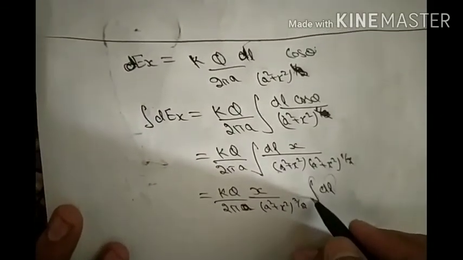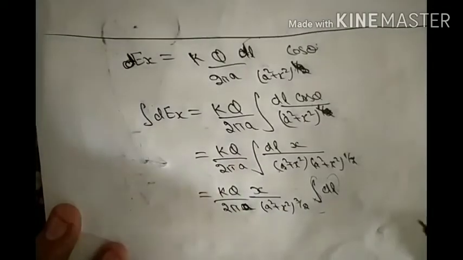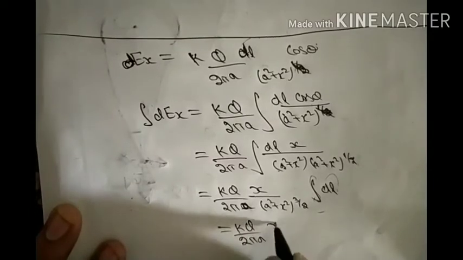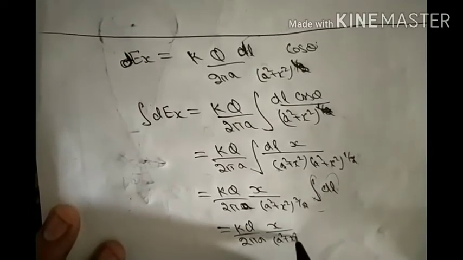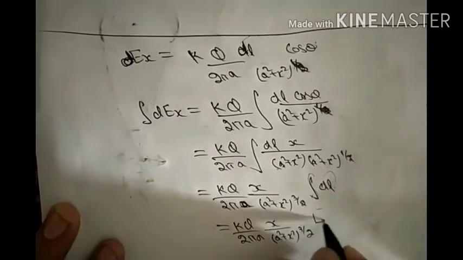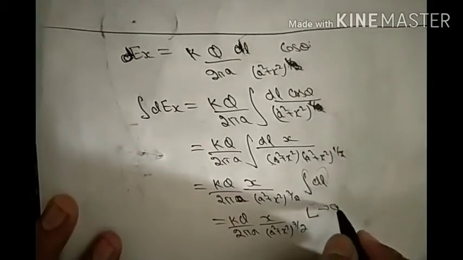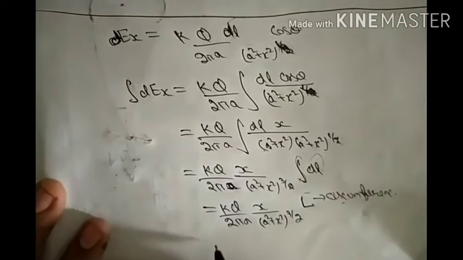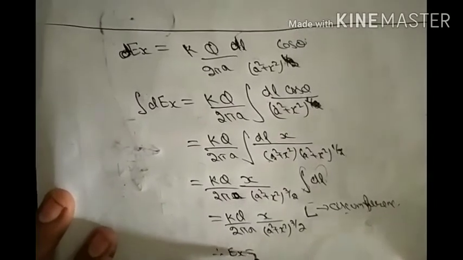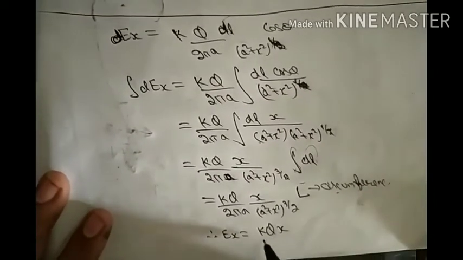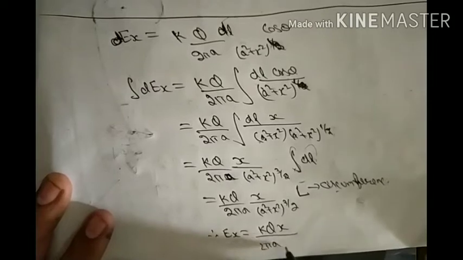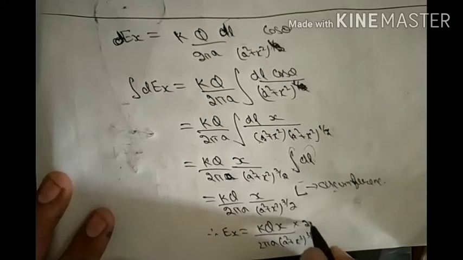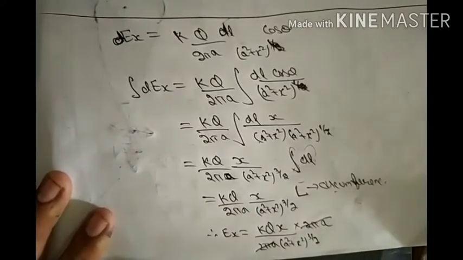So by integrating we get the whole ring. So we can write the length of the whole ring, and that length is basically the circumference. So Ex = kqx upon (a square plus x square) the power 3/2 into 2 pi a upon 2 pi a, and we can cut 2 pi a.